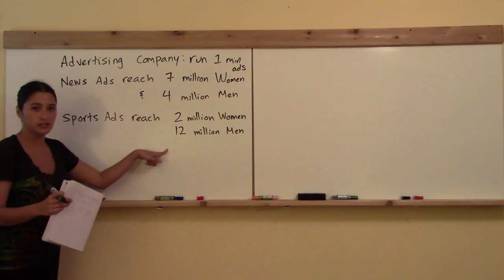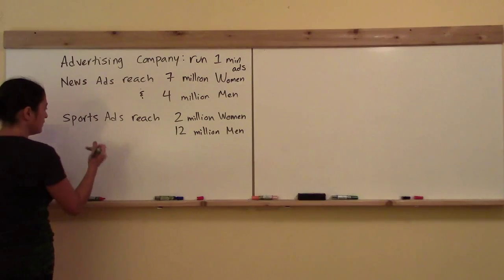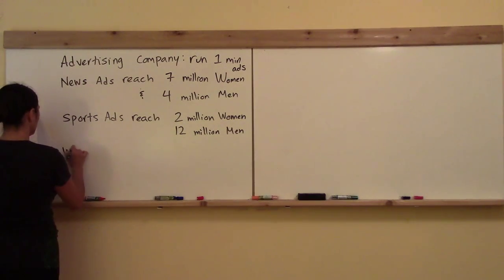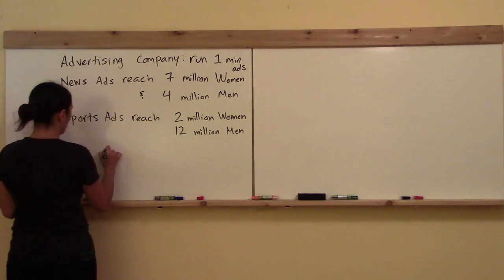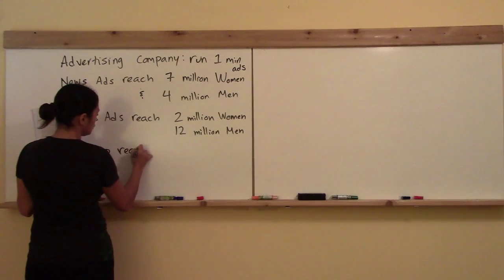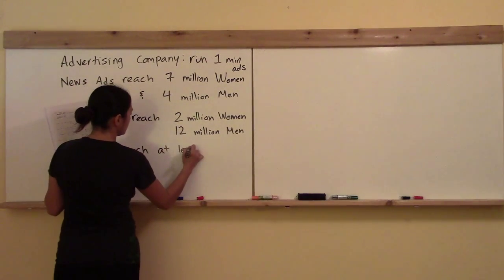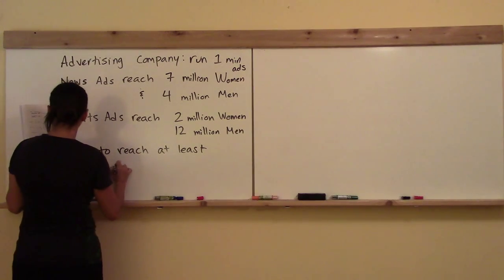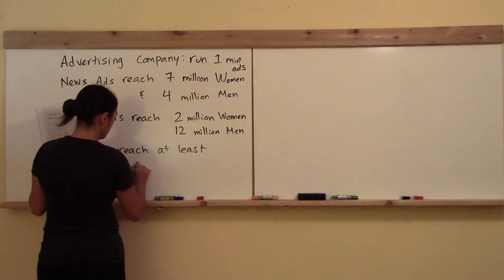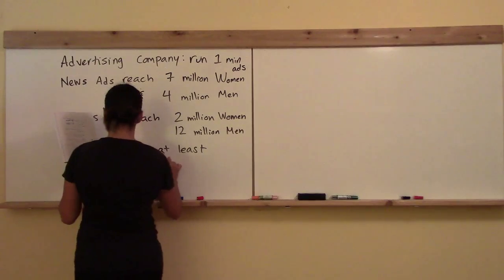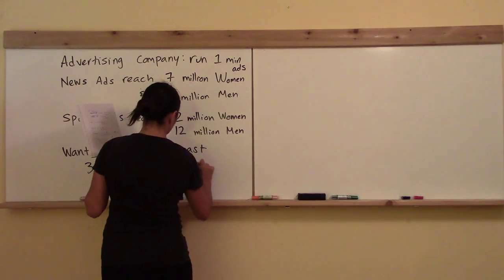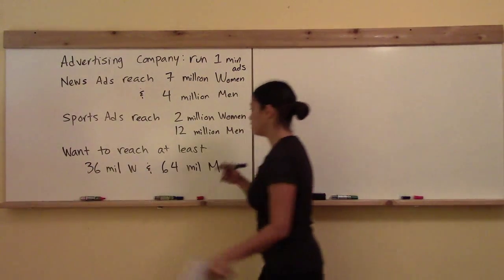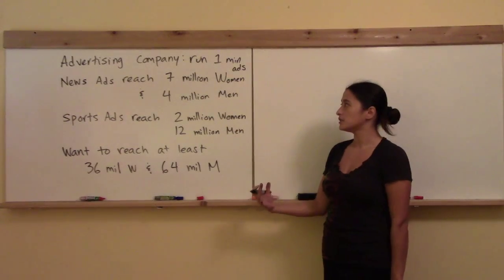Sports ads will reach this many of each of the type of people, and then I have a goal. So my goal is I want to reach at least, let's say, 36 million women, and I want to reach at least 64 million men with all my advertising all together.